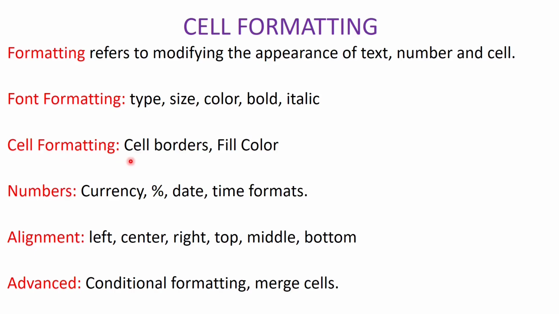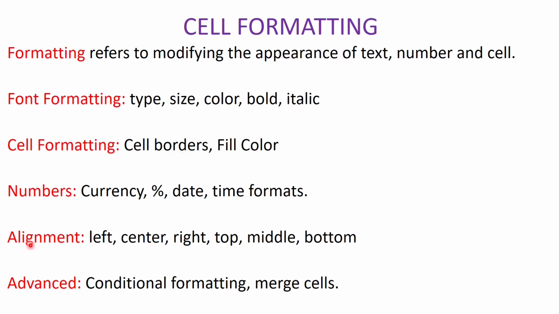It allows fill colors, used to highlight specific cells with background colors, and borders, to add outlines or grid lines to the cell. And next one is number formatting. Display numbers as currency, percentage, date, or time. Add decimal places or apply comma separators.